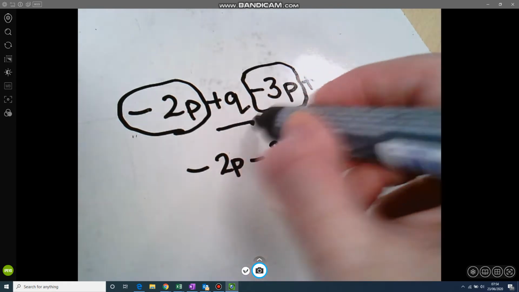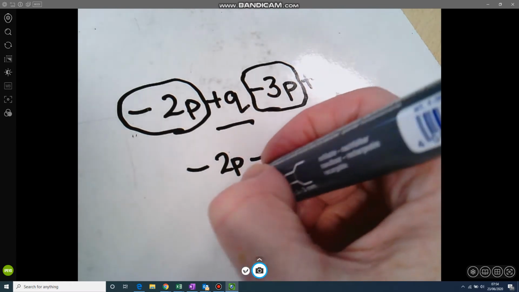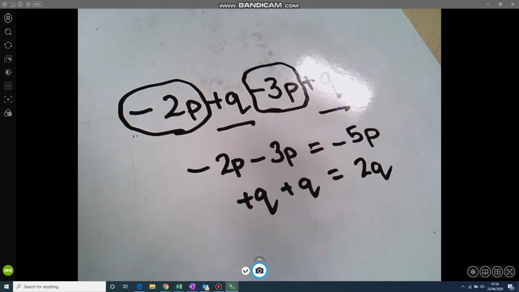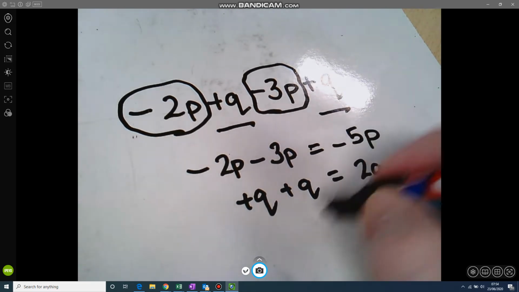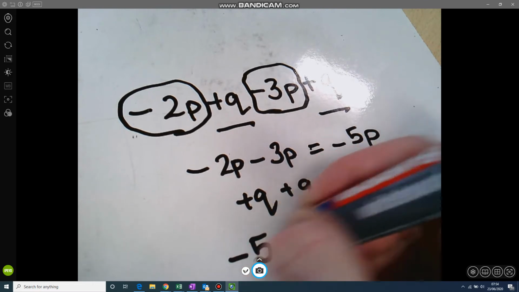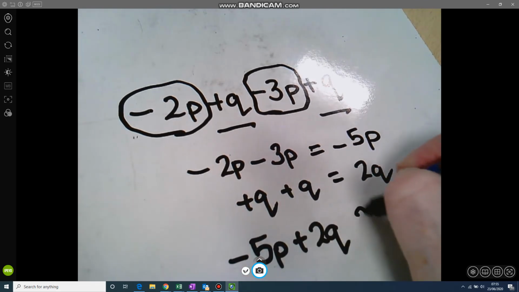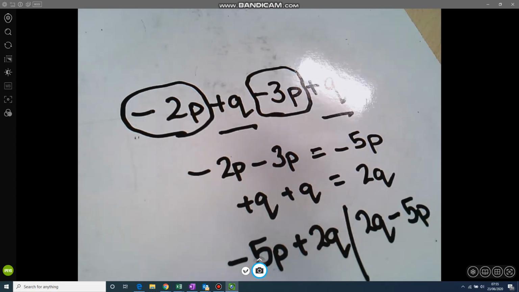And then I have plus q plus q, so that's going to equal 2q. It's like having an apple plus an apple equals 2 apples. So it can either be written as minus 5p plus 2q or 2q minus 5p. Either one is absolutely fine.